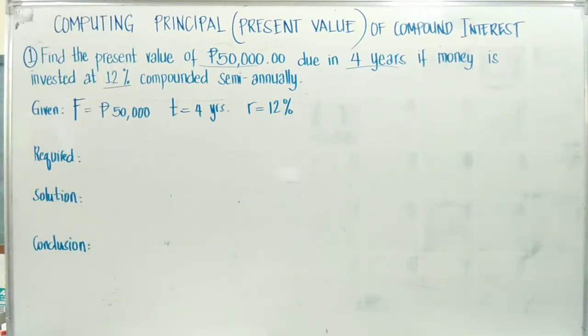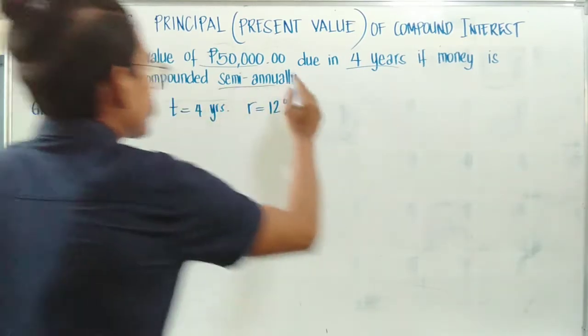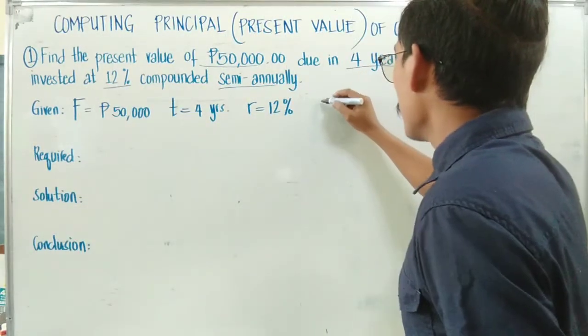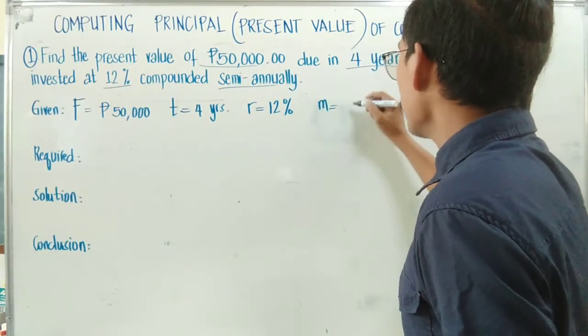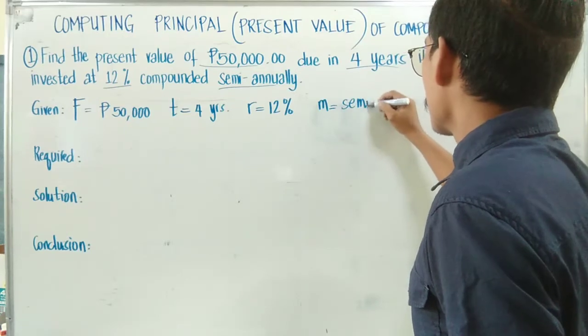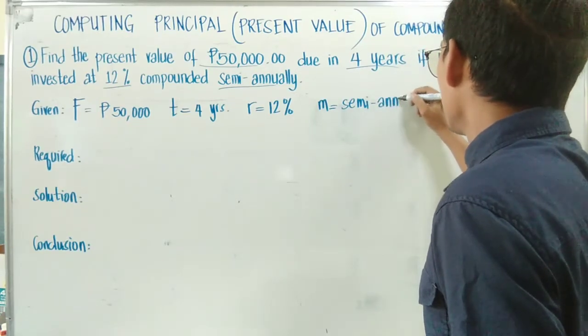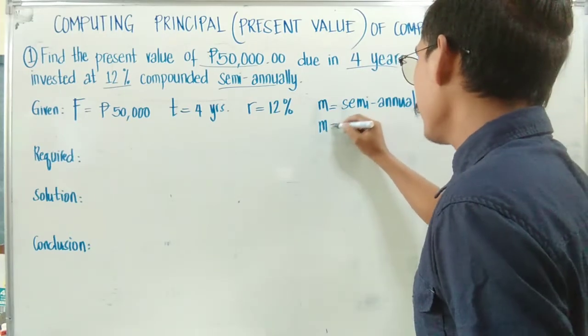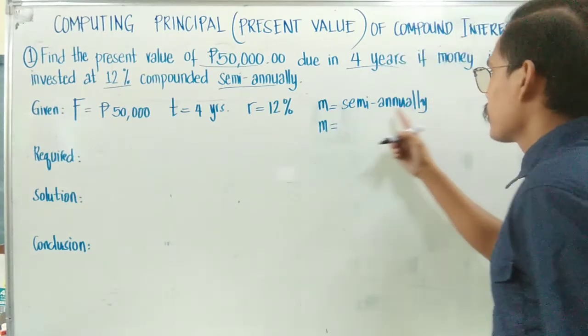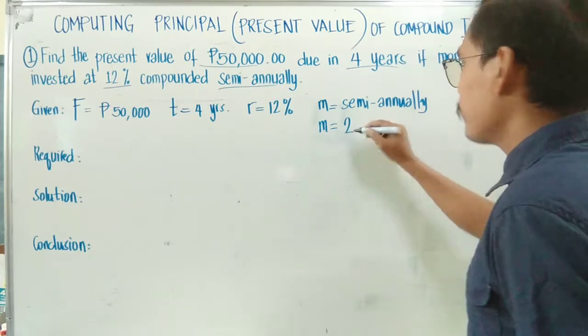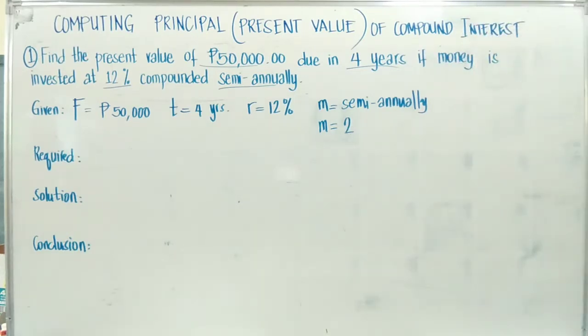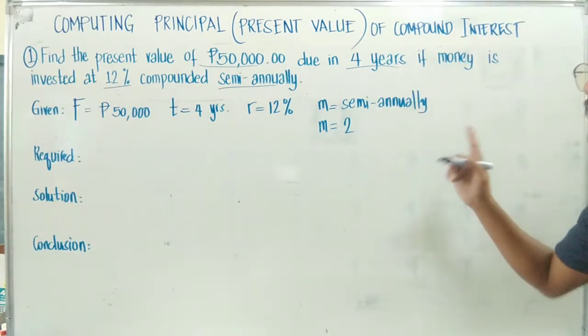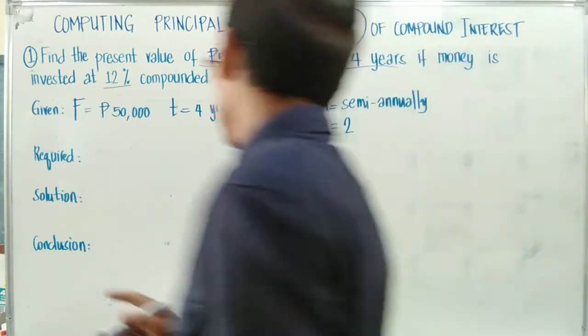Okay? And then we have compounded semi-annually. So that will be the value M. Semi-annually. So when we say semi, means half. Semi-annually, of course, we have 2. So every 6 months.